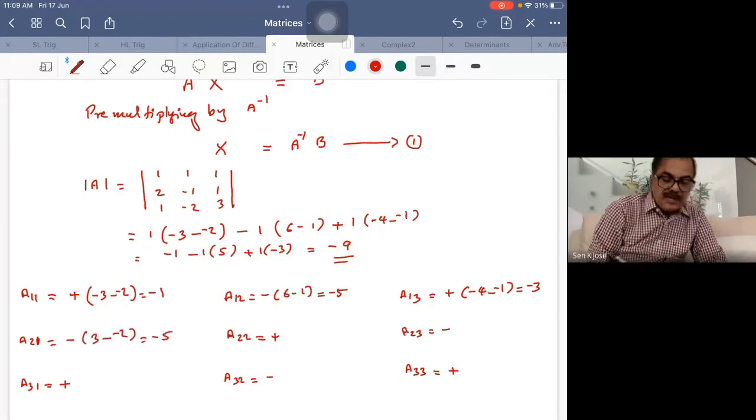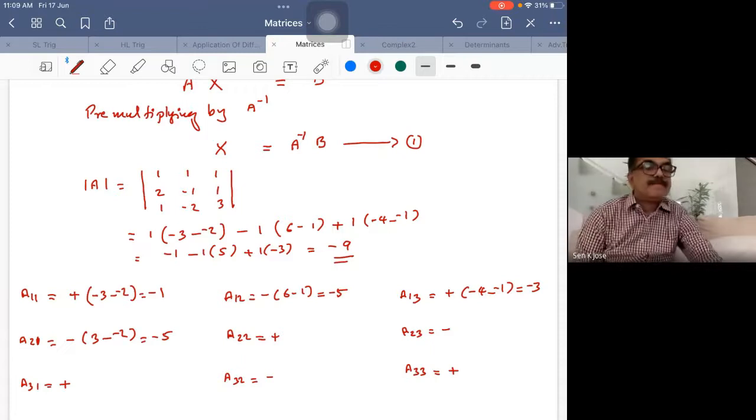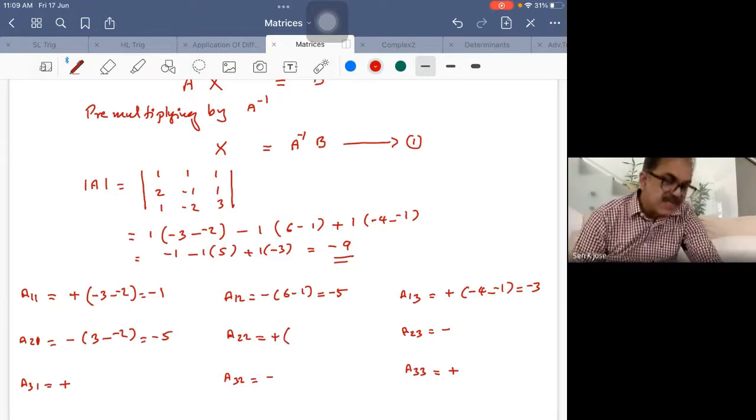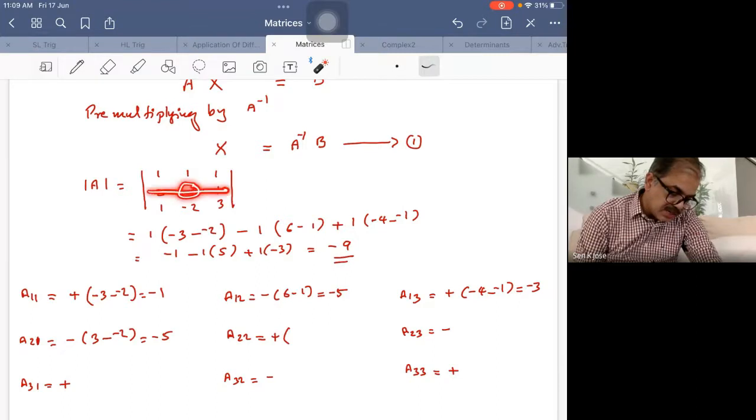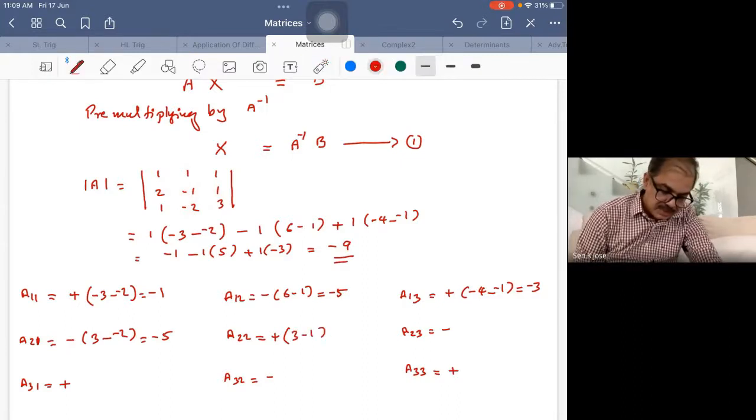Which is going to be negative 5. The next is plus of, this is A22. Delete the row and the column it contains, cross multiply. 1 into 3, 3 minus 1. Which is going to be 2.